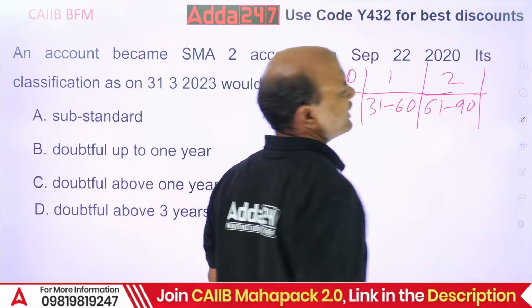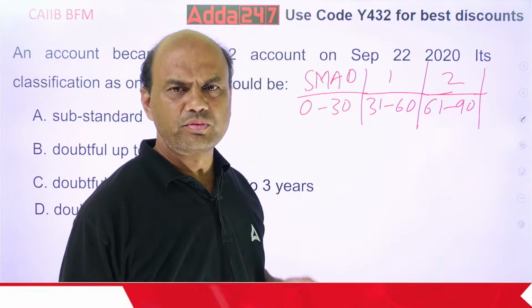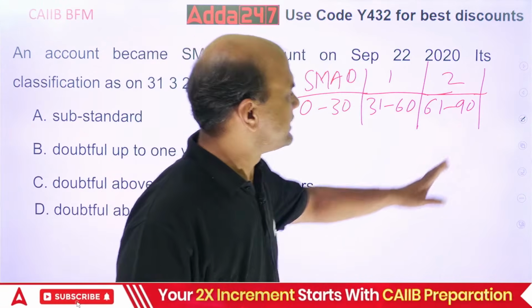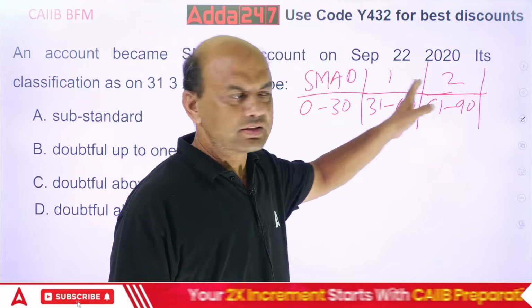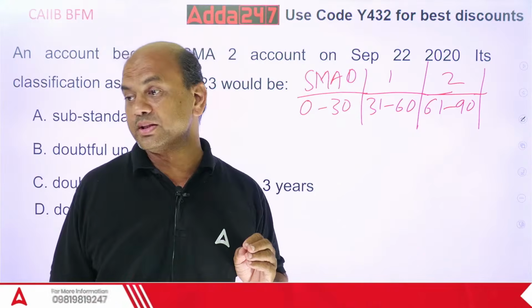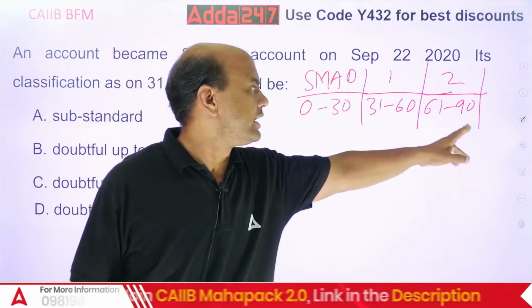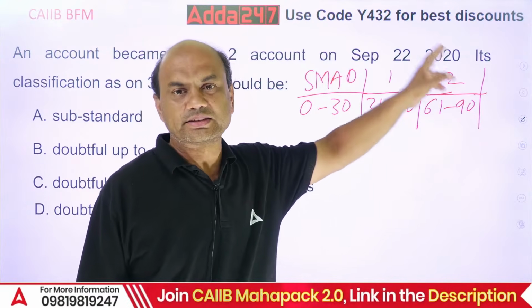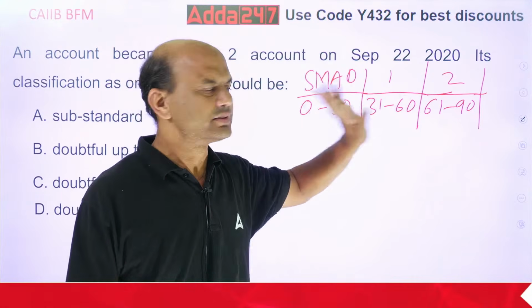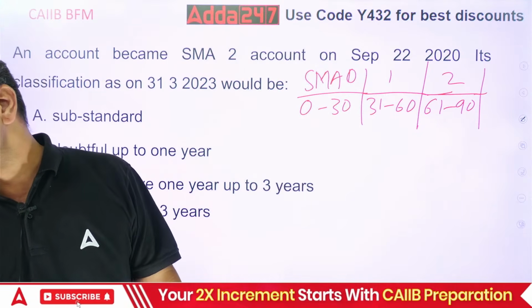So this account has become SMA2. Where is that loan now? Has it completed 90 days, or has it completed 61 days? Now you have to answer me this. The account has entered the SMA2 category.